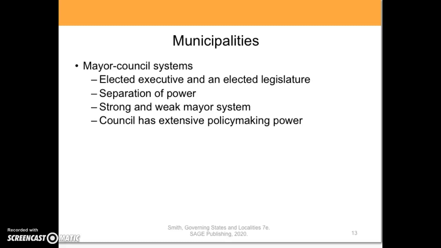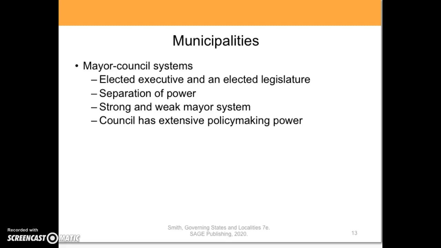So you can see some of the little differences between the strong mayor and the weak mayor system. Again, in the strong mayor system, there is considerable influence and the power to hire and fire department heads. In the weak mayor system, it's more ceremonial rather than policymaking. A lot of the power in a weak mayor system lies with the city council, not necessarily the mayor.